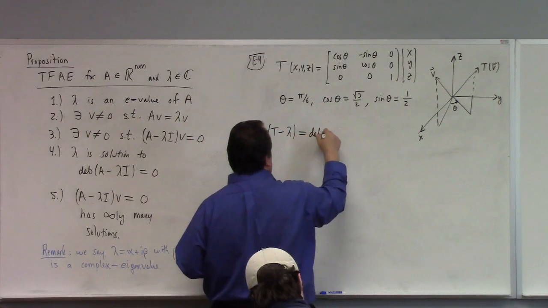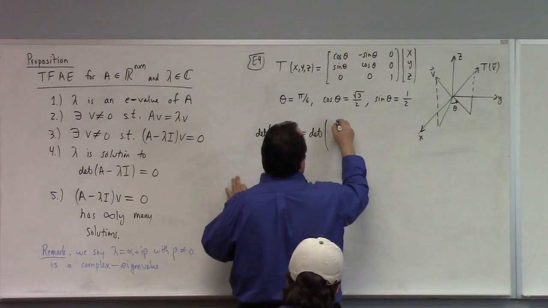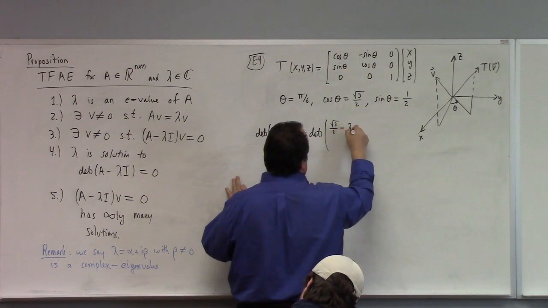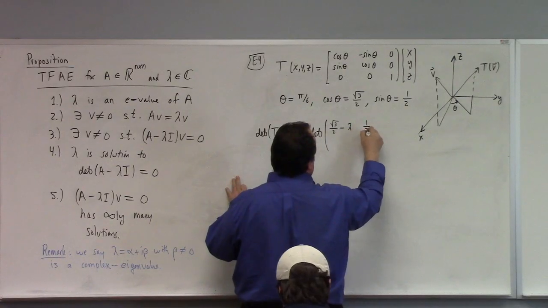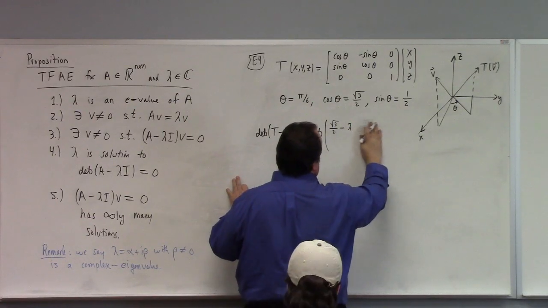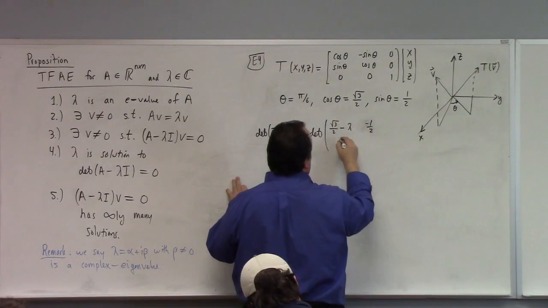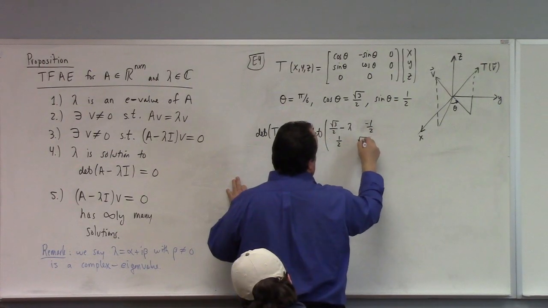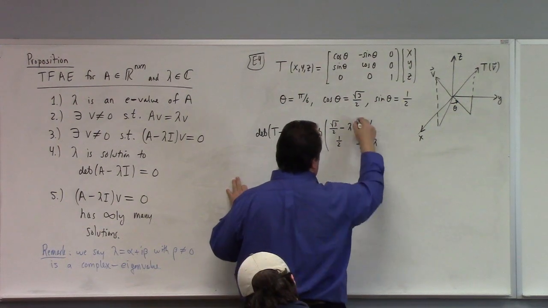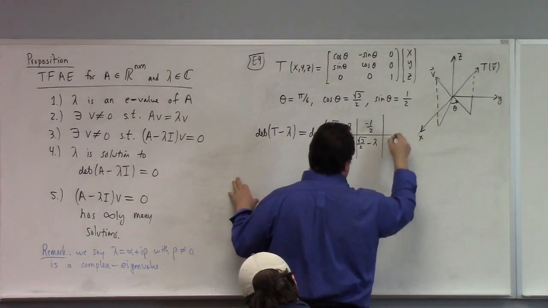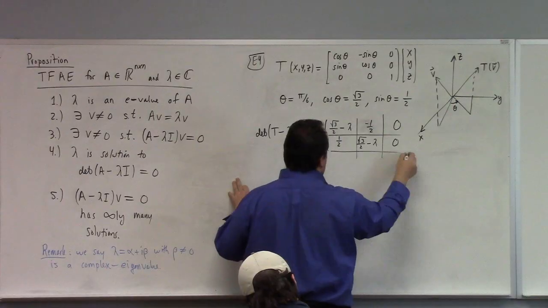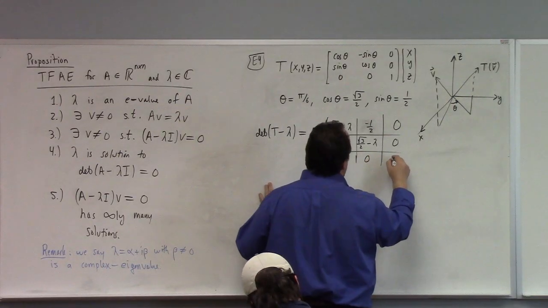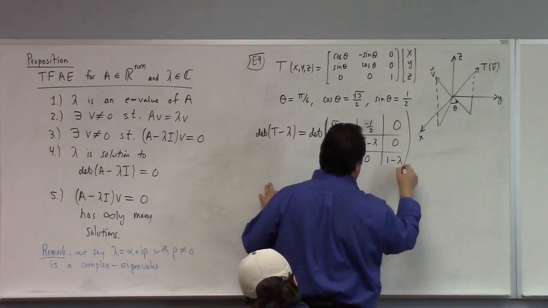Well, we're looking at the determinant of the matrix with root 3 over 2 minus lambda, minus 1/2, 0 in the first row, 1/2, root 3 over 2 minus lambda, 0 in the second row, and 0, 0, 1 minus lambda in the third.